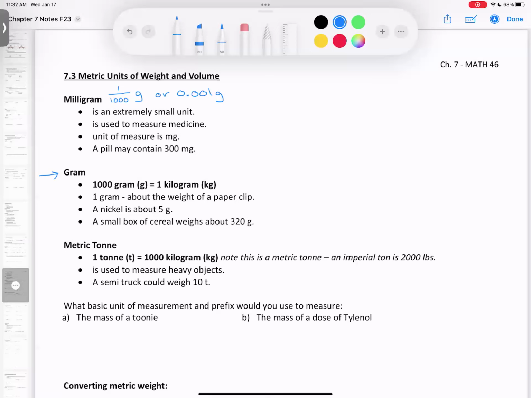If you see someone measuring something on those really fancy looking kind of chemistry scales, the door opens and closes, those would be measuring milligrams or perhaps decimal fractions of milligrams. So because it's very small, you might use it to measure something like a pill. So if you take a pill, you might find it has 200 or 300 milligrams of the active ingredient.